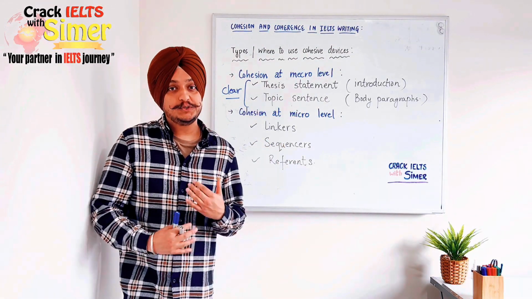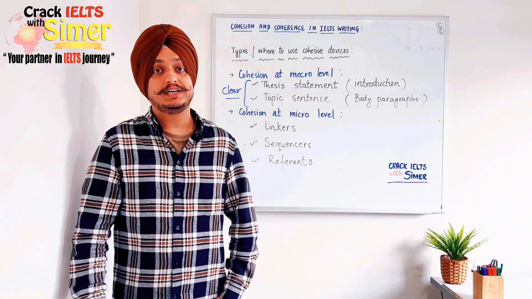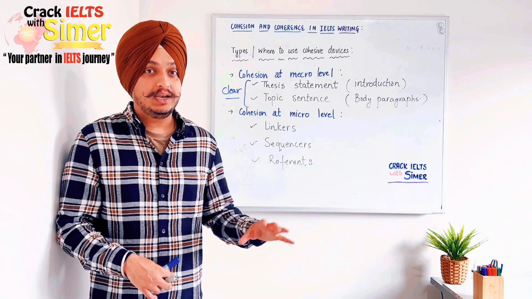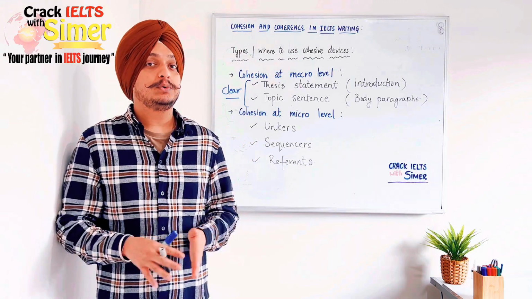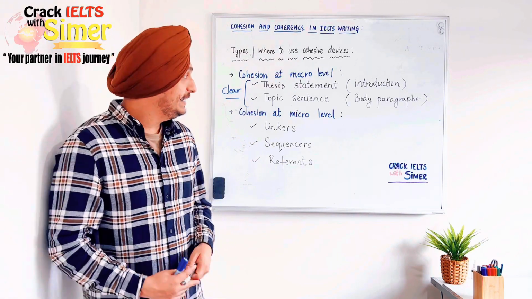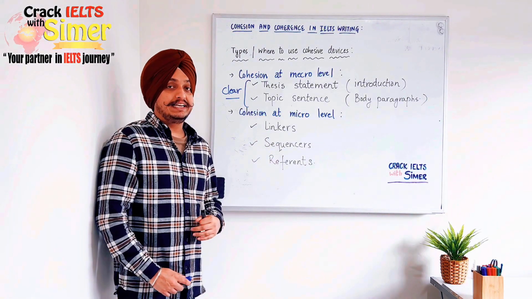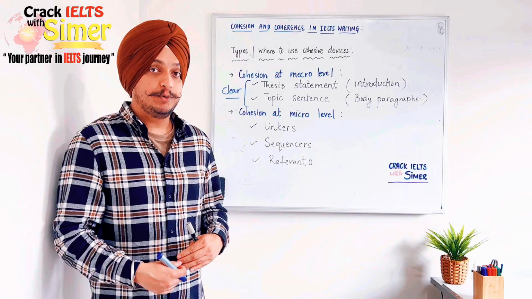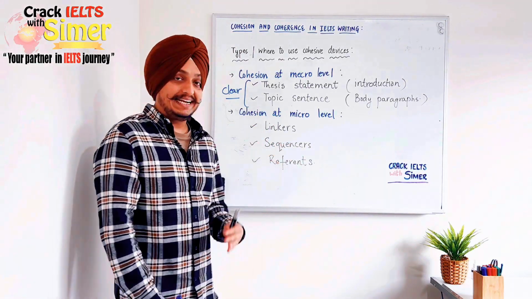As I said, I use these words for my students to help them understand the different types. But this is your language test, so you don't need to worry if you don't understand the meaning of these. But I would definitely want you to use all of them in your essay where appropriate. These are used at sentence level.